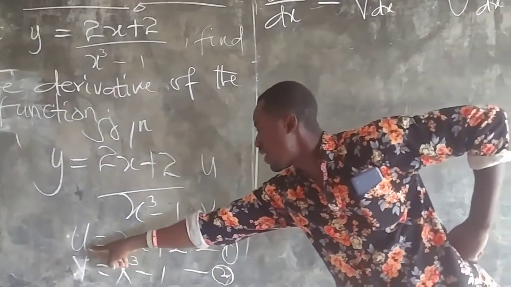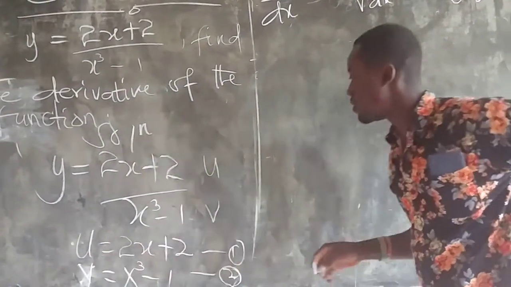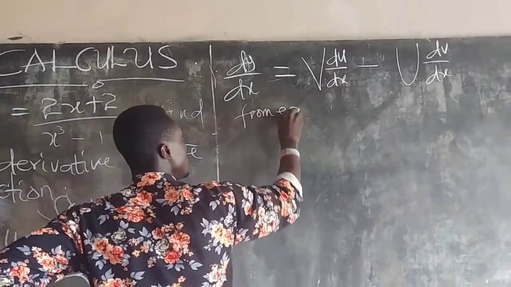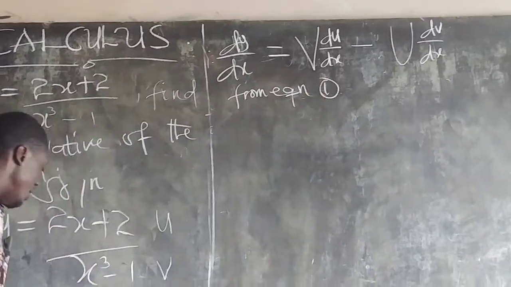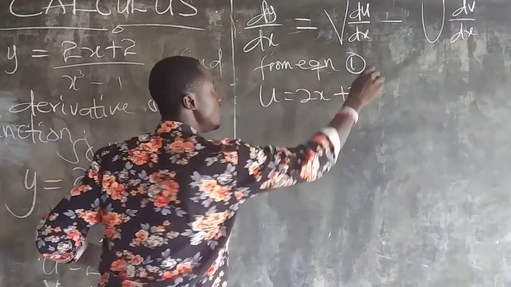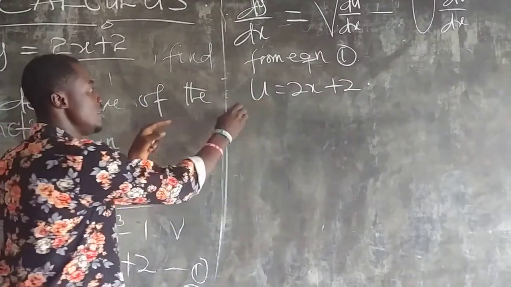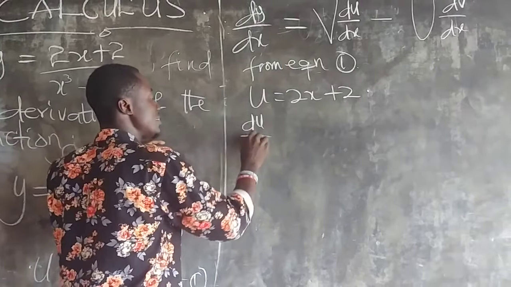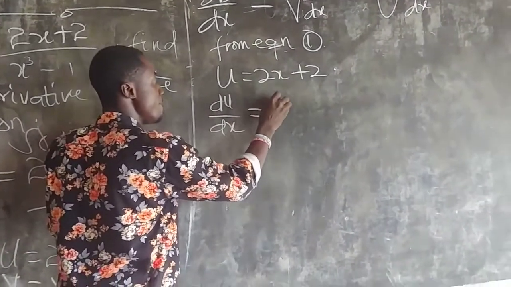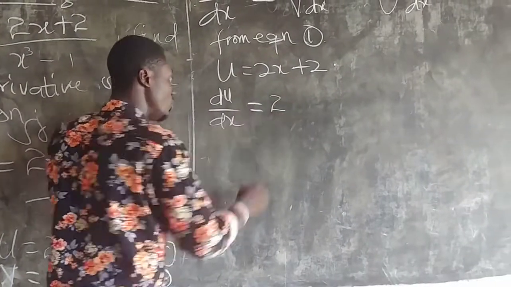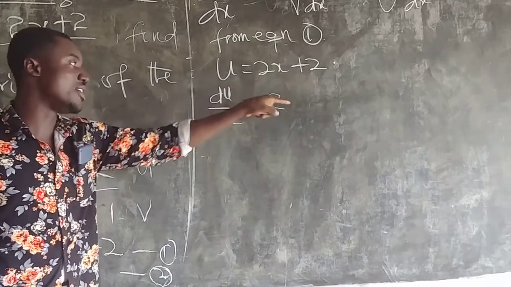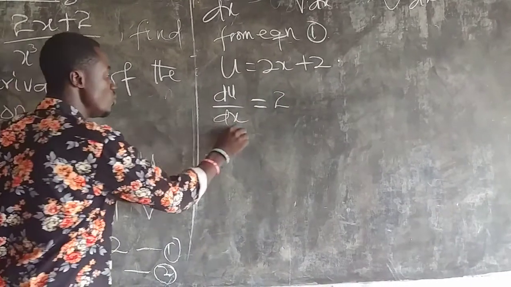Let's find the derivative of u from equation 1. Equation 1 is u is equal to 2x plus 2, so du/dx will be equal to 1 times 2. If you differentiate this term, you will get 2. If you differentiate a constant, it's 0. Very good.